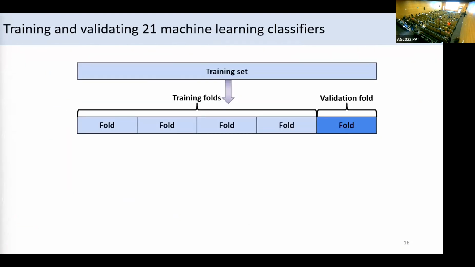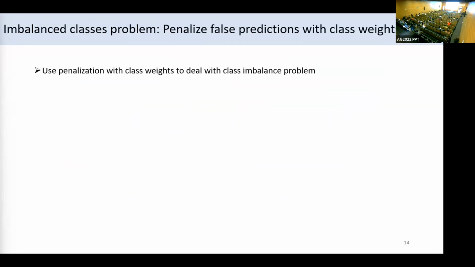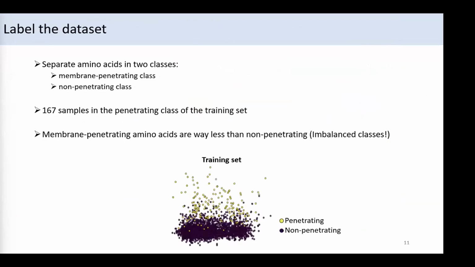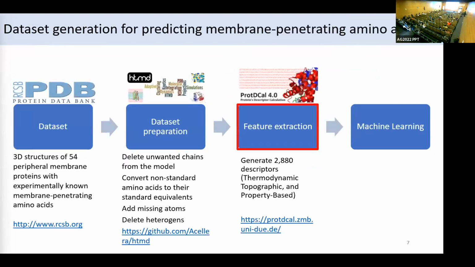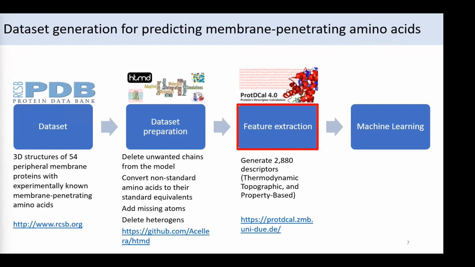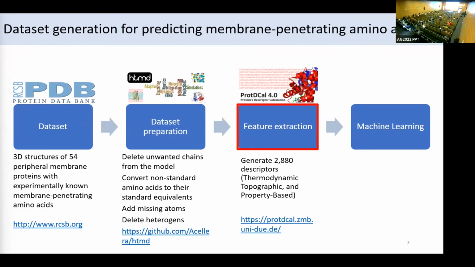The thing is that, let me go to... maybe here. Our data set consists of peripheral membrane proteins with experimentally known membrane-penetrating amino acids. So the problem is not the lack of 3D structures in general, but the lack of experiments on these peripheral membrane proteins to find which are the important amino acids that penetrate inside the membrane.